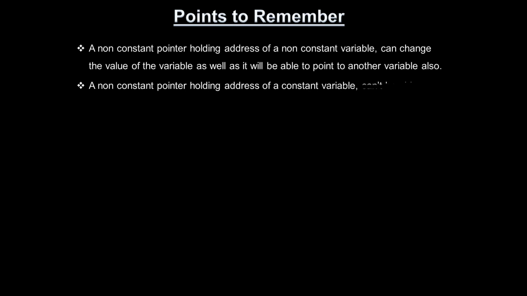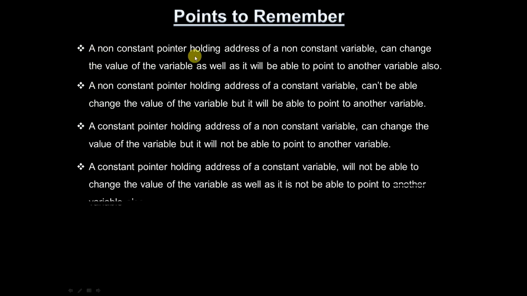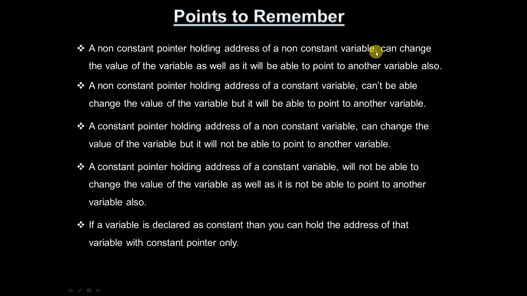A non-constant pointer holding the address of a non-constant variable, the first case, can change the value of the variable, that is *ptr = 20 is allowed, as well as it will be able to point to another variable, that is ptr = address of variable 2. Both are valid in the first scenario.